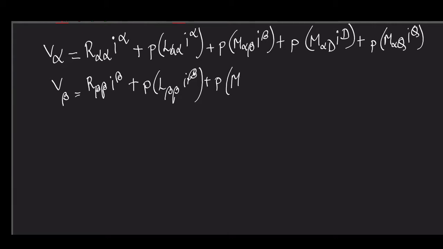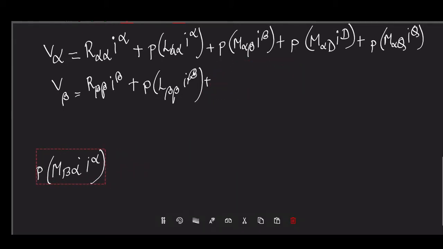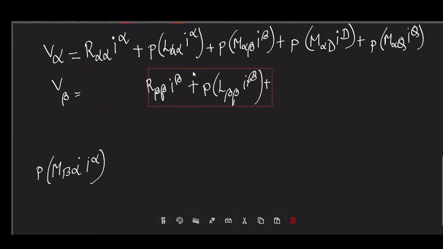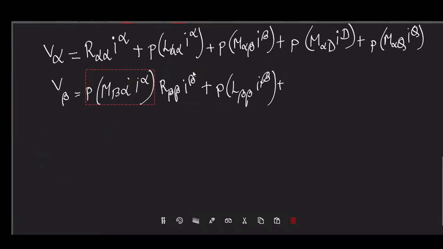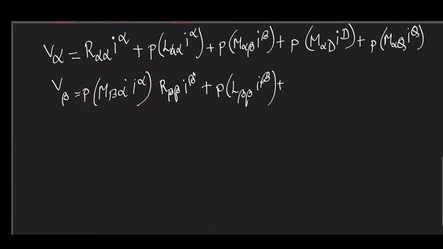beta alpha, I alpha. What we can do, let us do one thing. These actually help us in the matrix representation.